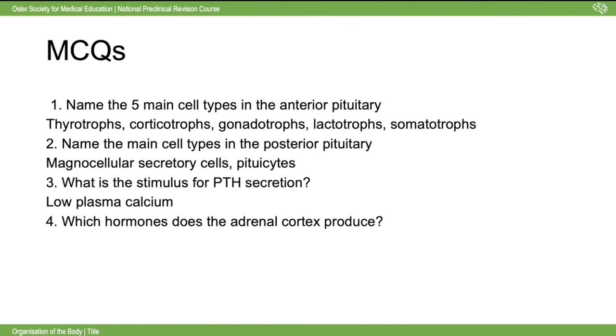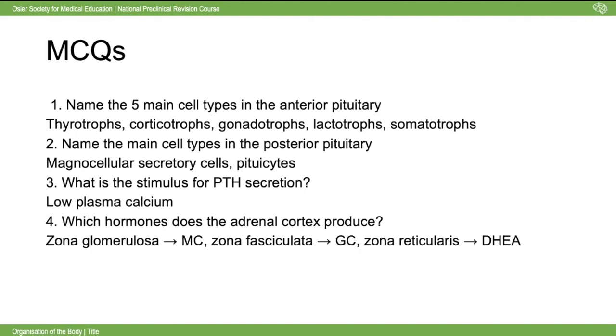So for this question, just try and name the broad category of hormone that gets produced by each layer if you can, and then maybe an example if you can remember. Okay, I think that's enough time, hopefully.